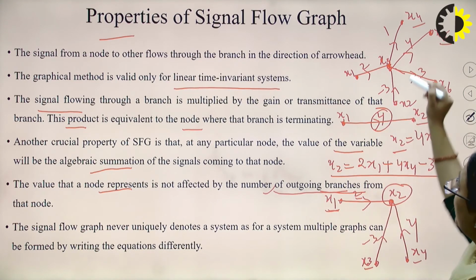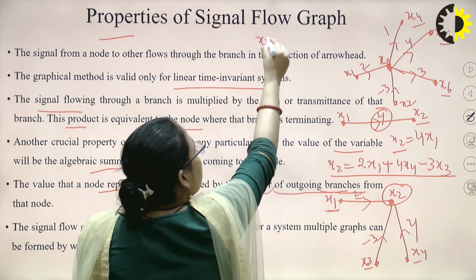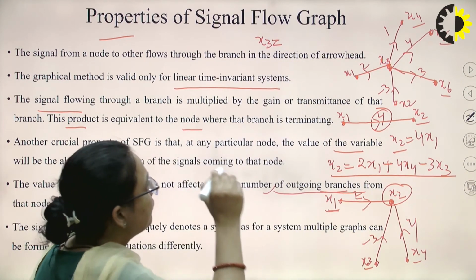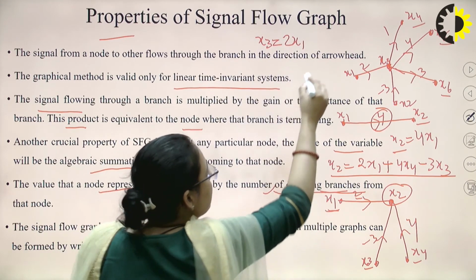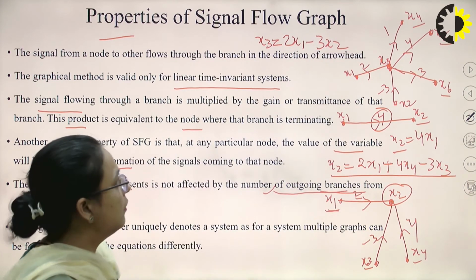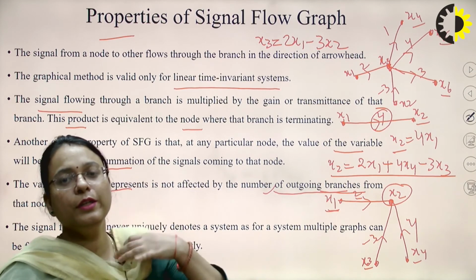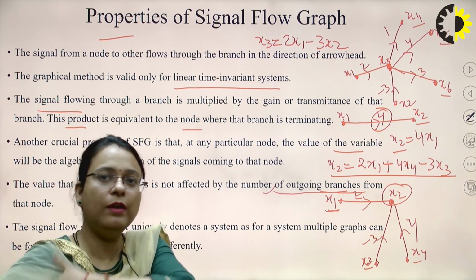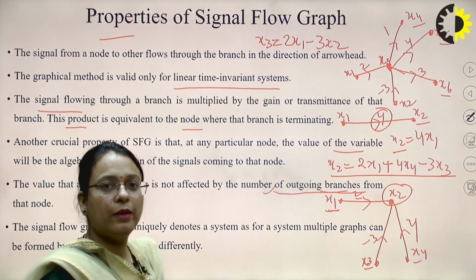So x3 equals 2 times x1 minus 3 times x2, right? Yes. So x3 is dependent upon only these two variables, and we can write the equation of x3 only in terms of these two variables. Only these two branches are incoming towards x3.